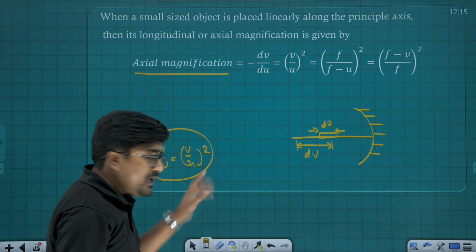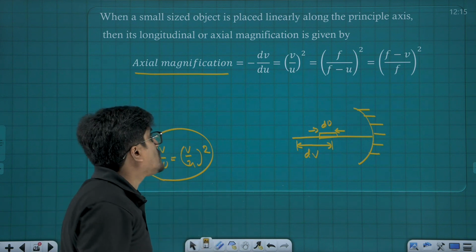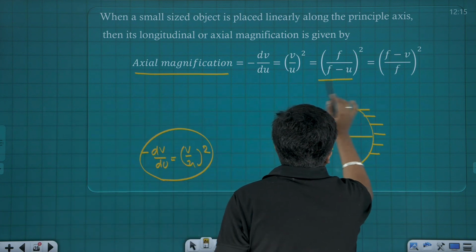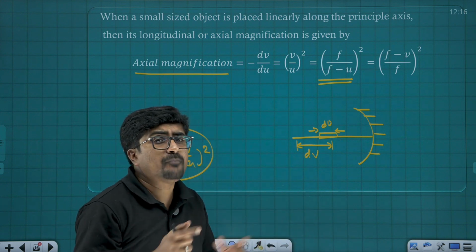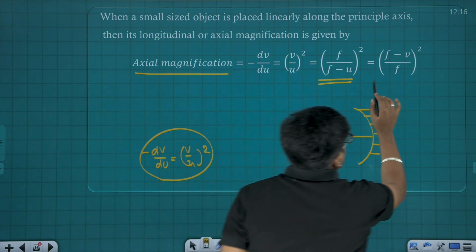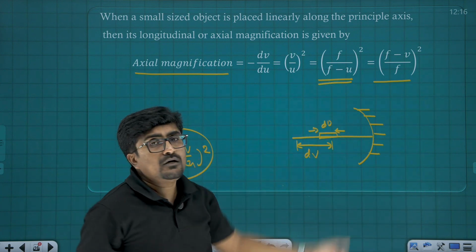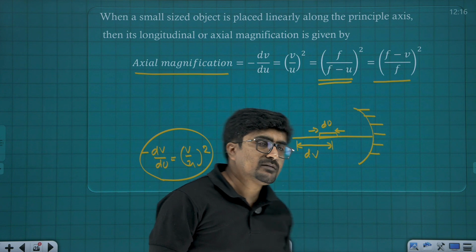This is a basic relation. Now if I want to change v in terms of f or u in terms of f, then I have a provision as f upon f minus u the whole square. That means here small letter v got replaced, and here this is f minus v upon f the whole square, which means small letter u got replaced. That's as simple as that.